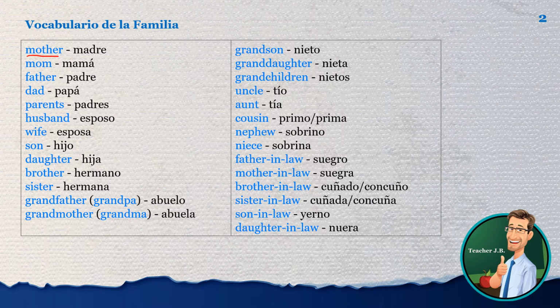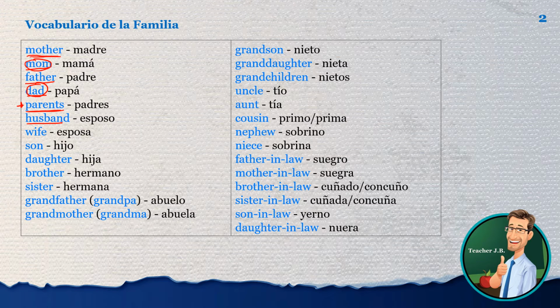Mother, and short form or informal, mom. Father, dad. Parent, mom and dad, they are parents.